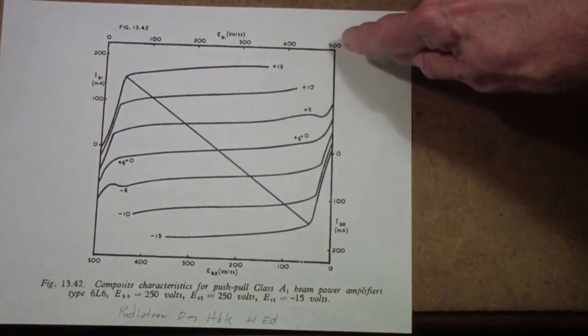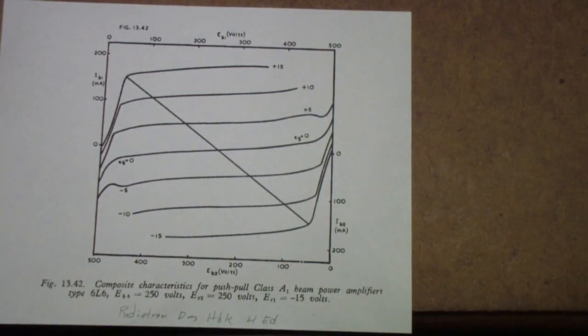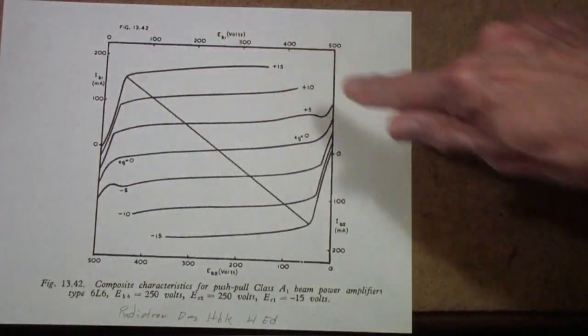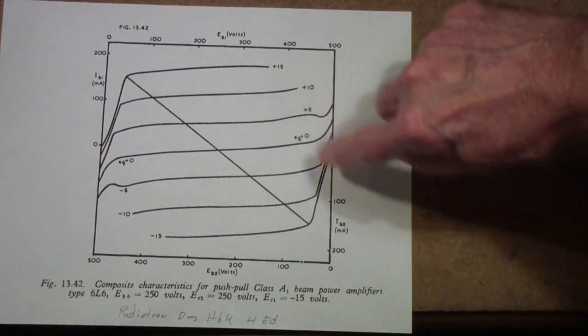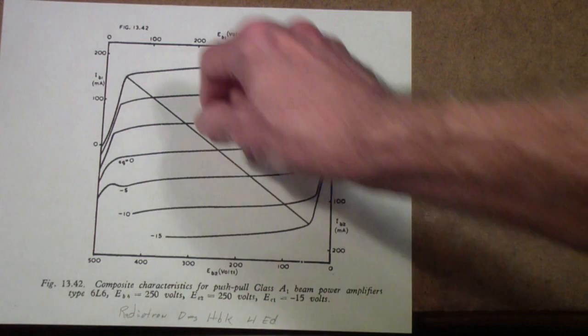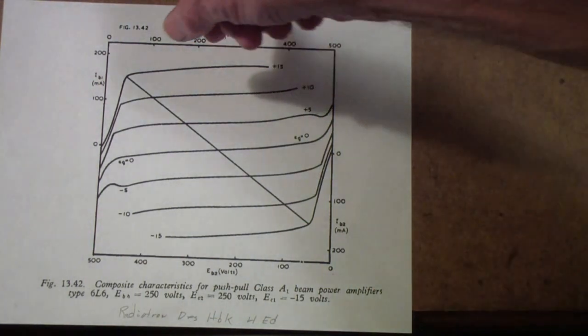These, of course, are the characteristic curves. If you've watched any of the videos I've done with the Tektronix 570, this is a typical beam power tube plate characteristic. This is flipped down here for the other tube, and then across here is the ideal plate resistance. Now, why do I say ideal?